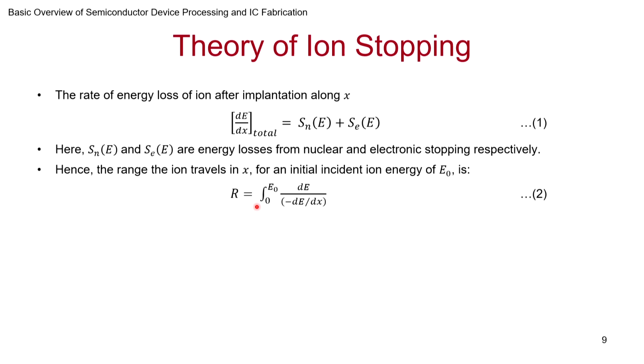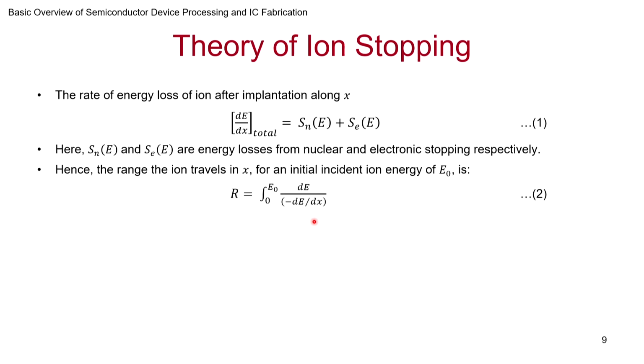So, R is equal to the integral from zero energy loss to losing its energy completely, of dE divided by minus dE by dx. And why is it minus? Because it is an energy loss. As the ion keeps moving, energy keeps going down, and that is why it becomes a negative thing. By doing this integration, you will get the total range.